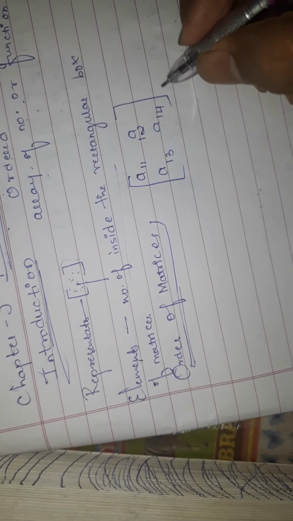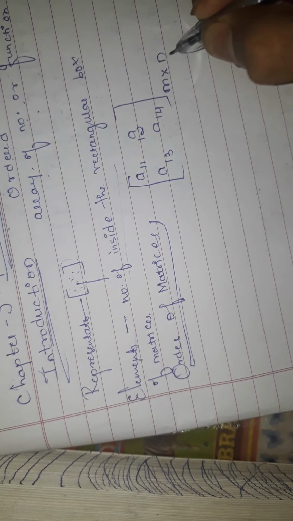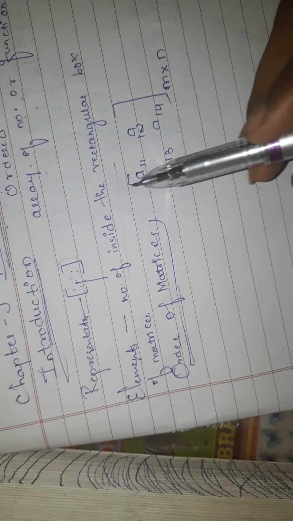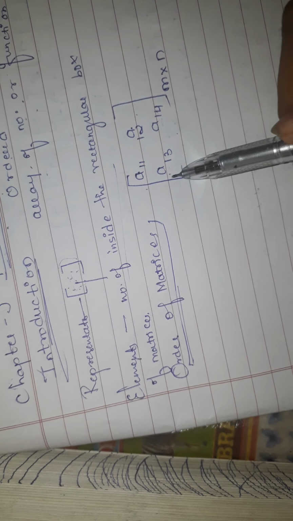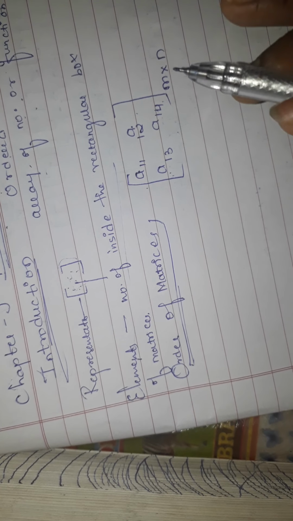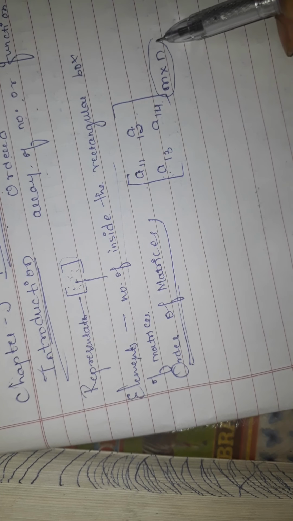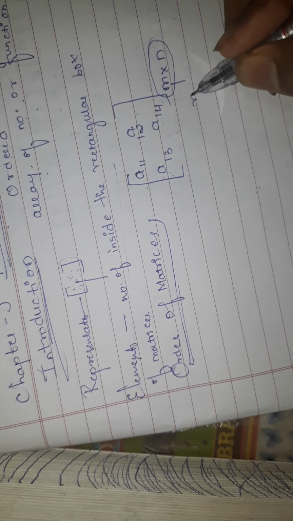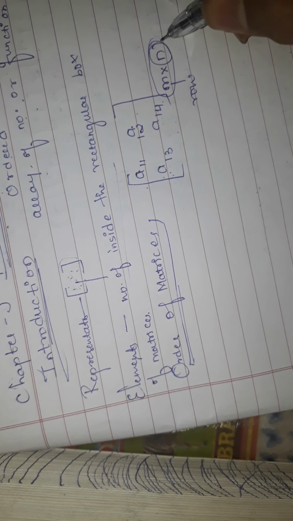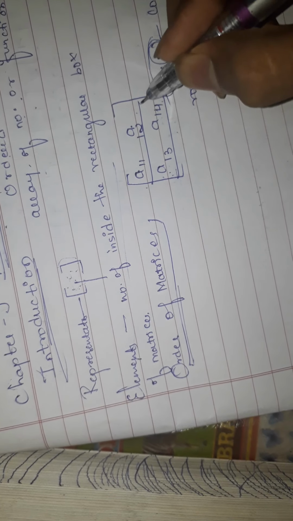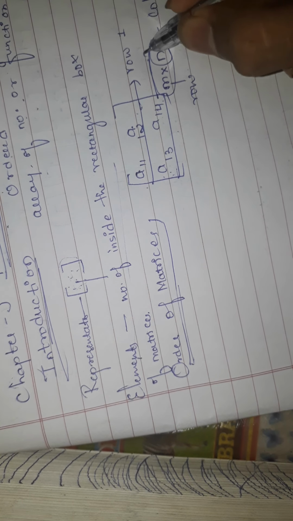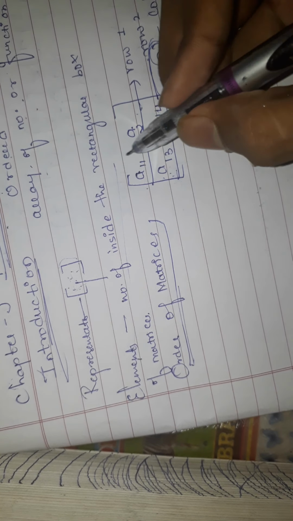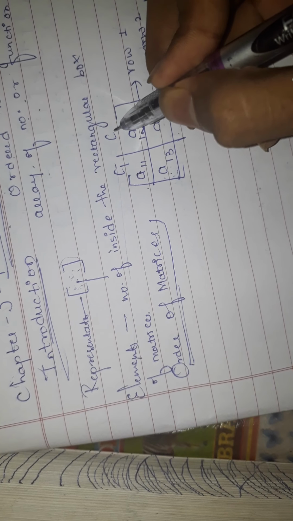This is the general representation, where you can write a1, a2, a3, a4, or a11, a12, a13, a14. What does this mean? I will tell you. Order of a matrix is m into n. What does m mean? M is nothing but rows, and n means columns. So here how many rows do we have? This is row 1 and this is row 2. This is column 1 and this is column 2.